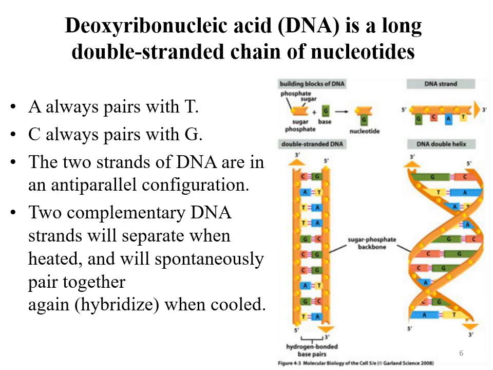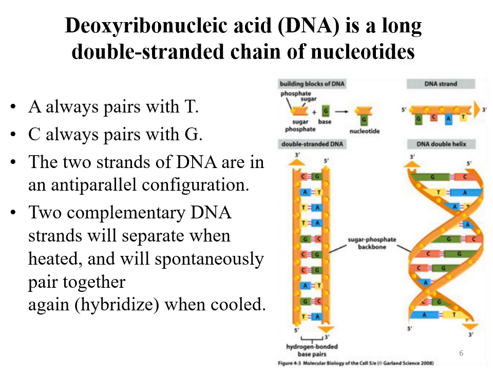The two strands of the DNA are in an anti-parallel configuration. The two complementary DNA strands will separate when heated and will spontaneously pair together again when they are cooled.